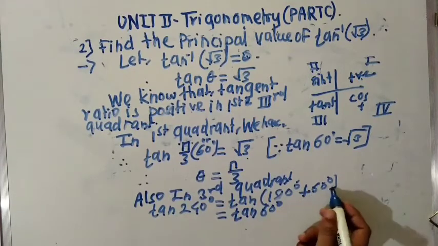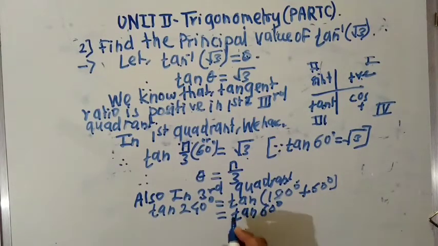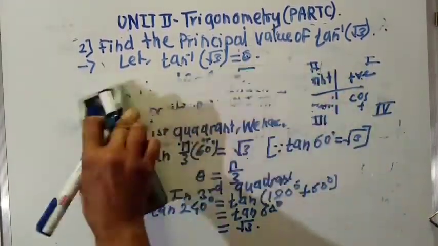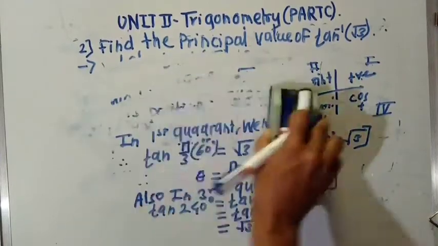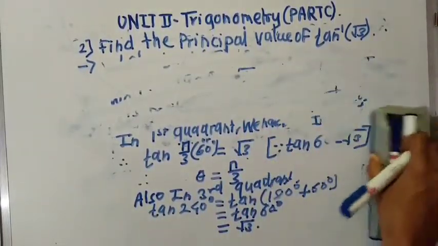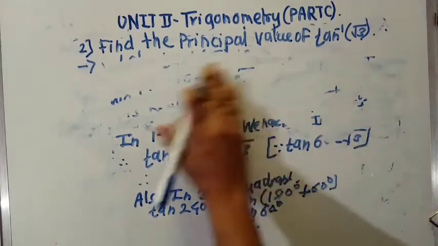Tan of 180 plus theta is tan theta, but tan 60 degree is root 3.